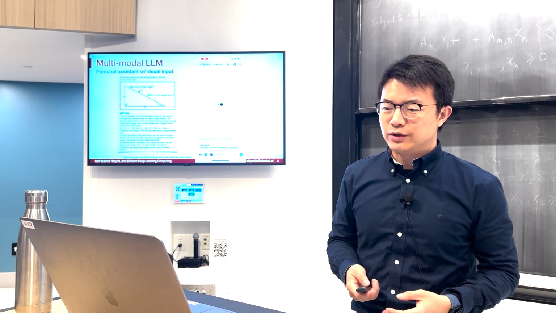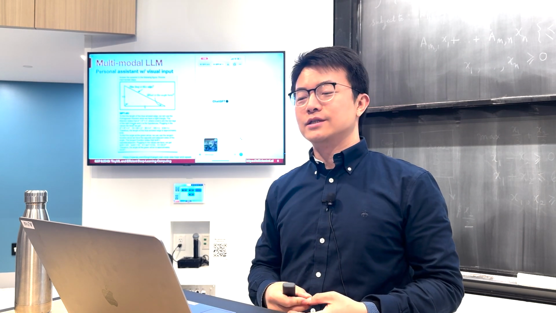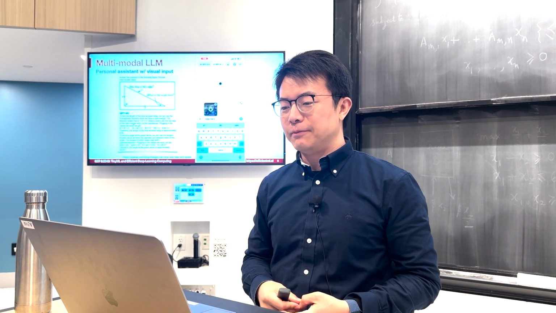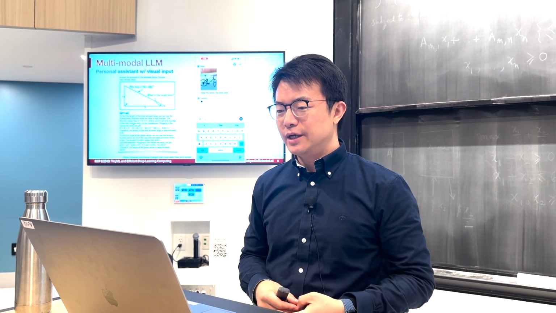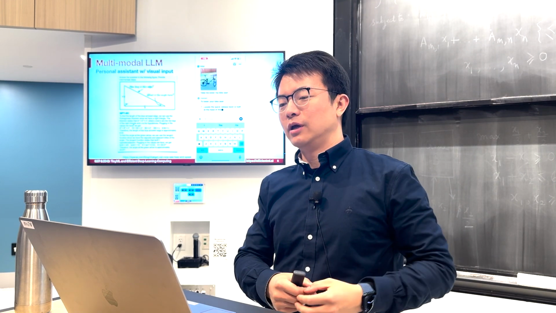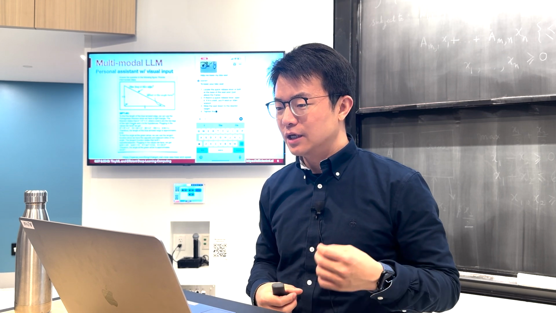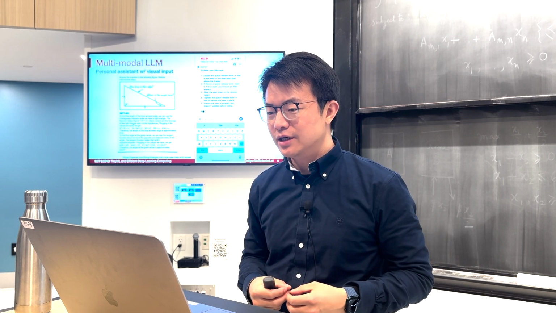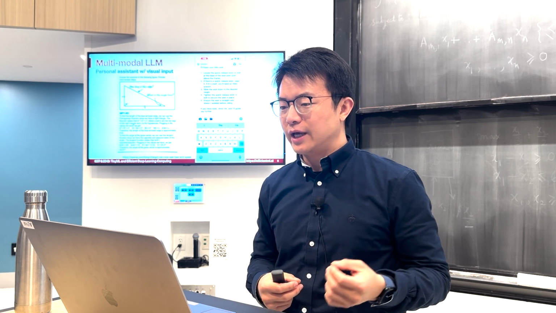And here there is even a demo of using ChatGPT for practical use cases, trying to lower the seat. It's asking how to lower my bike seat, and the user takes a photo and inputs it. To lower your seat, locate the quick release lever. If it is a quick release lever, fine, if not, you need an Allen wrench.